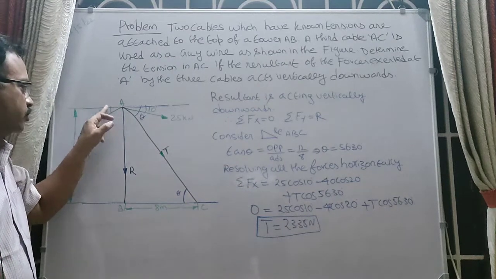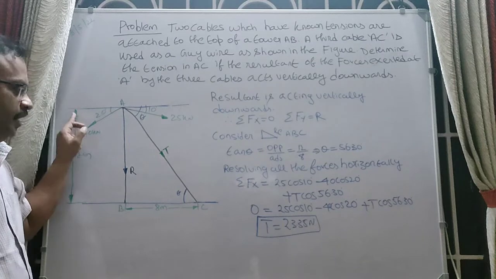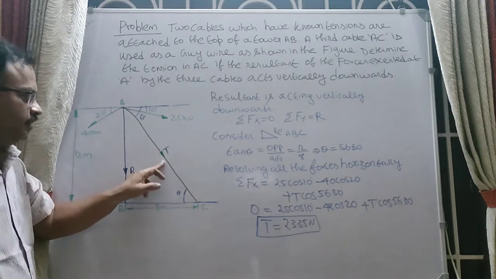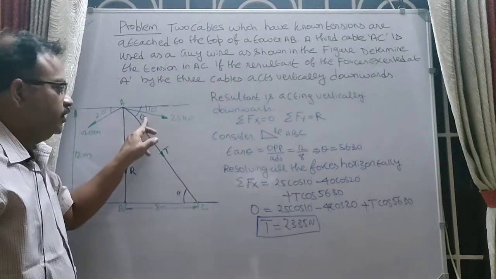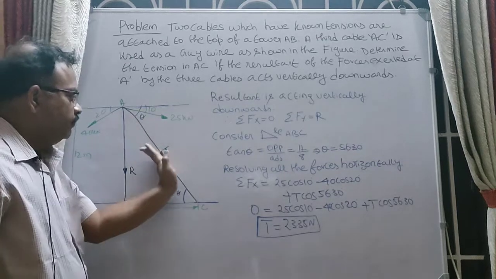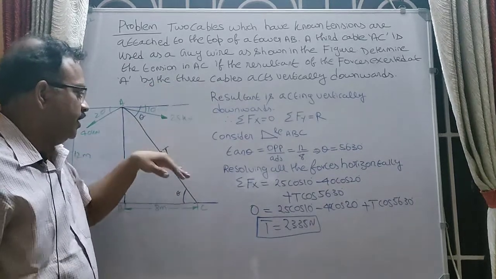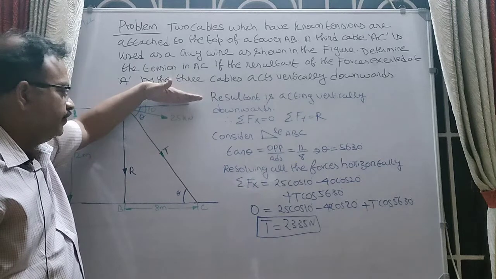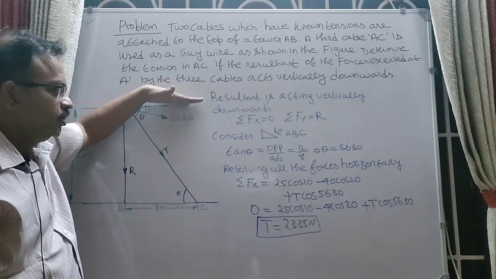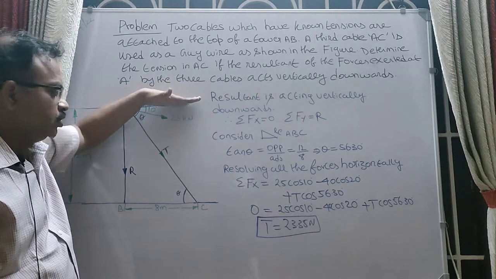This force is going to act towards the left, so it is minus. Now if you resolve the tension, T cos 56.30 acting towards the right, so this is also positive.